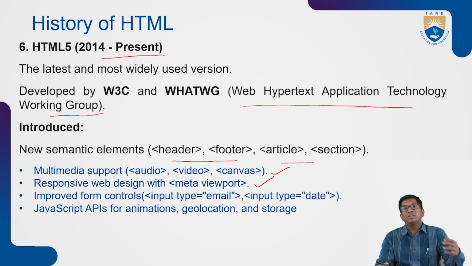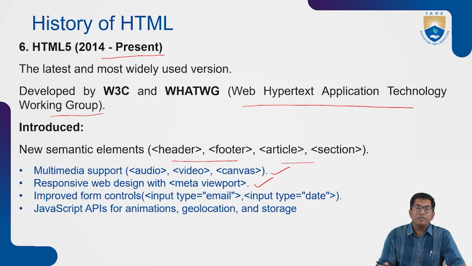Responsive web design means support for all types of devices. We can open the page on desktop, mobile, or tablets. If you open this web page on any device, it will adjust the content automatically.